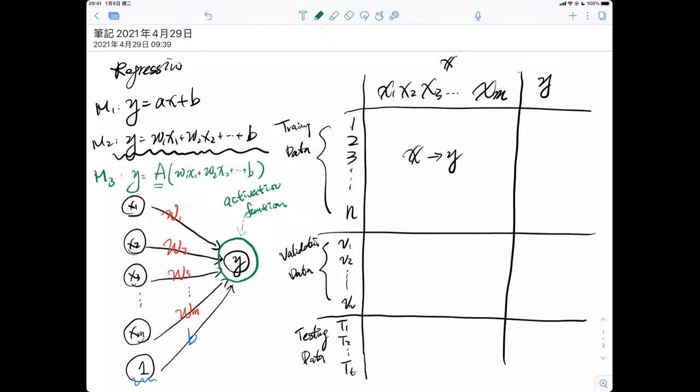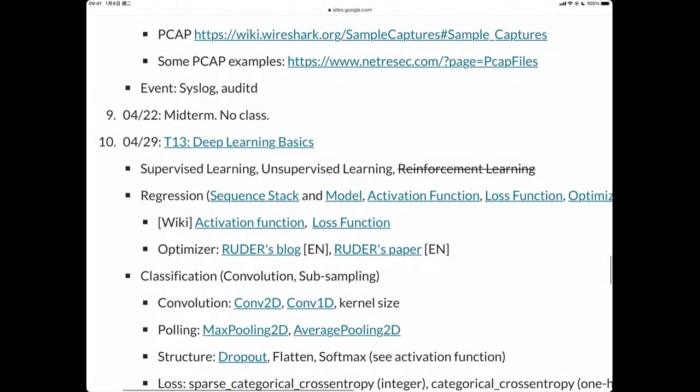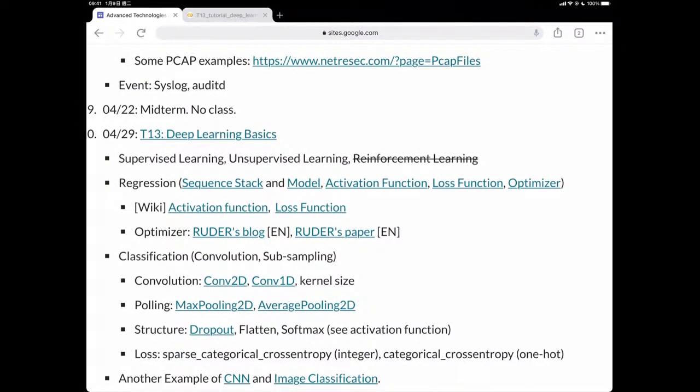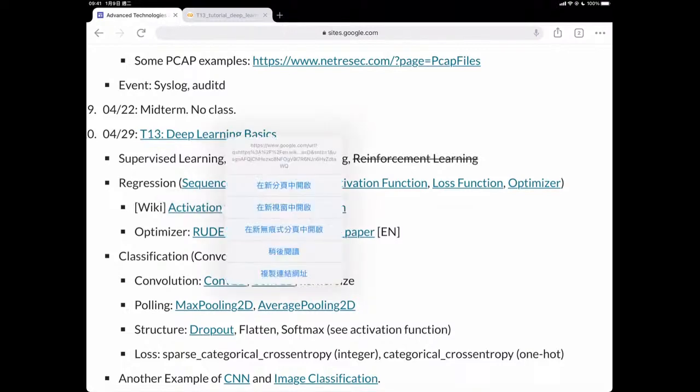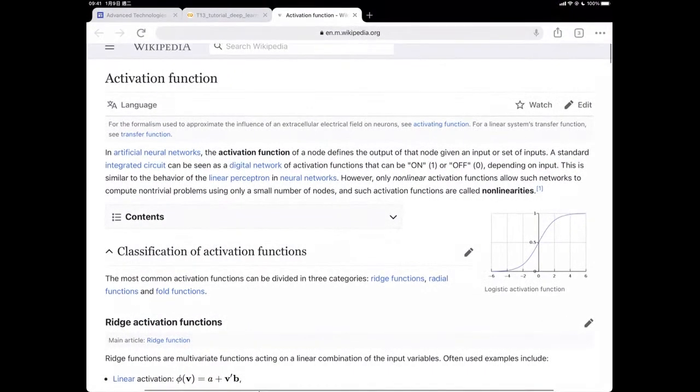Let's go back to right here. In this topic, we can first take a look at this Wikipedia article, which is on the activation function. So in our model, let's see the definition.